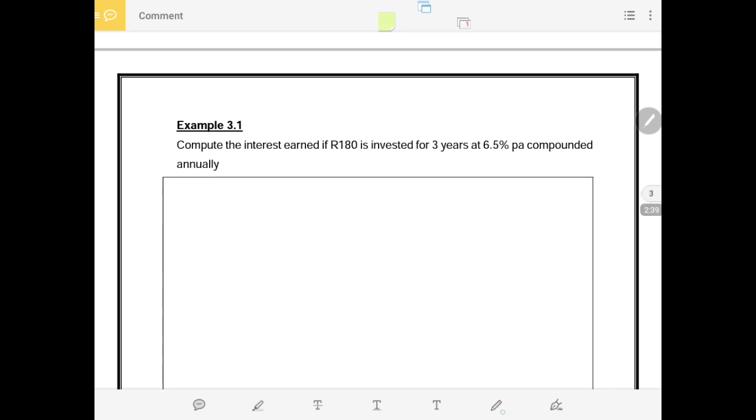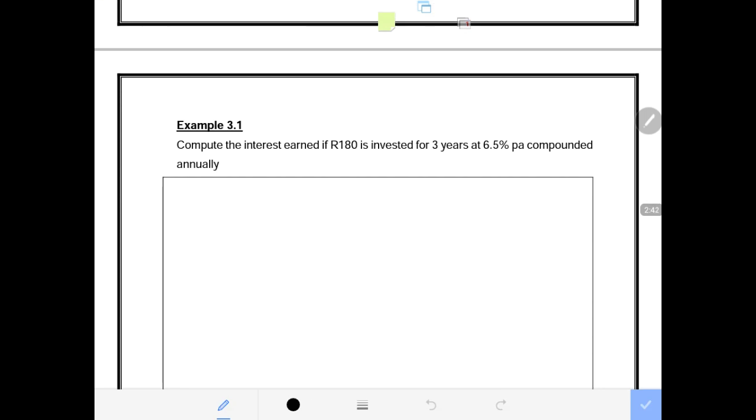I will be responding to the same 3.1, but now using the functions of the calculator. And the calculator that I will be using, which is highly recommended, is the Sharp calculator, because it is really sharp in terms of calculations. And the minute you use the Sharp calculator, you always become a sharp student and you get the sharp answers.